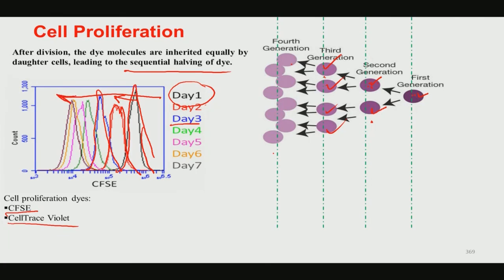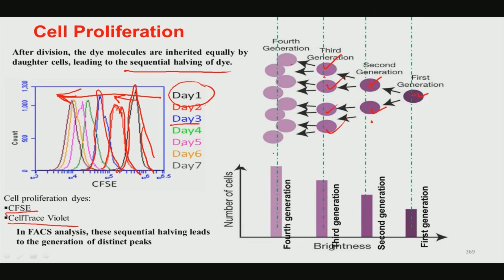So, all the time if you use the CFSE dye, the intensity is going towards the left, and that is because sequential halving of the dye is taking place. These are the indications that cell proliferation is taking place.